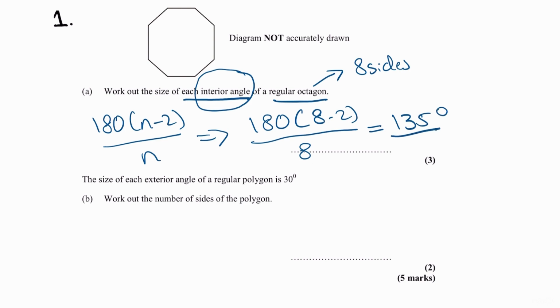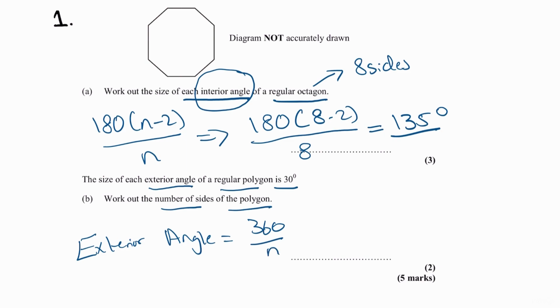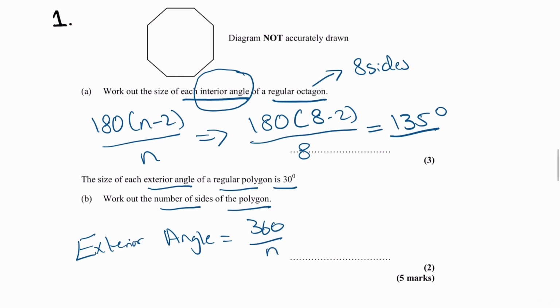And now moving on to part B. The size of each exterior angle of a regular polygon is 30 degrees. Work out the number of sides of the polygon. So we know exterior angle equals 360 divided by n. They told us in the question that the exterior angle is 30. So we write 30 equals 360 divided by n.